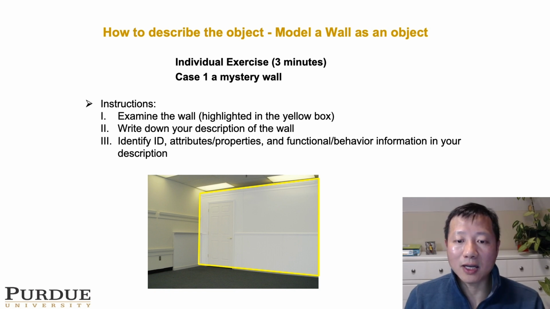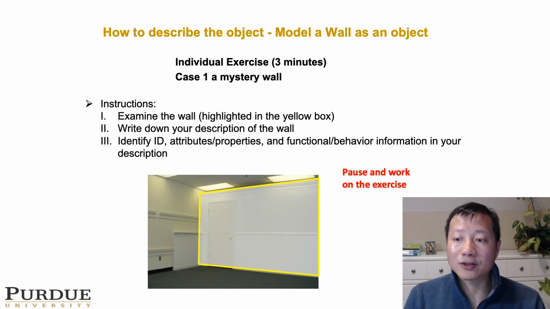Now take a look at this example. We would like to ask you to examine the wall highlighted in the yellow or orange box. This is a typical interior wall in a classroom setting. Now what I would like you to do is to write down your description of the wall, identify the ID, list its attributes, properties, and the functional behavior information if you can think of anything.